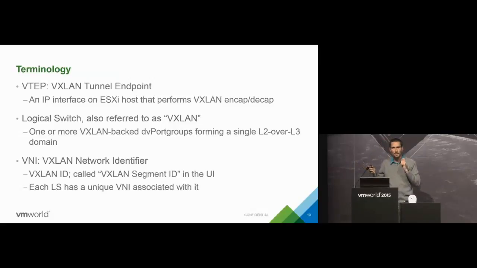Another way of looking at VTAPs is as cables, essentially, connecting your host local switch to other switches somewhere else. For example, if you look at your physical switch fabric, say you have four physical switches, and you have cables between those switches because your data needs to pass between them.